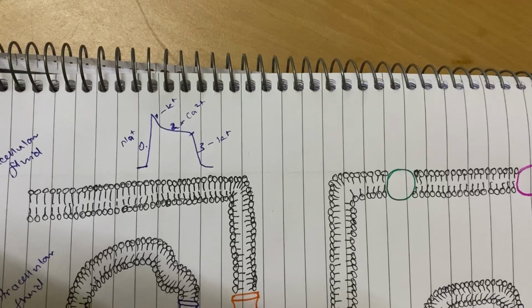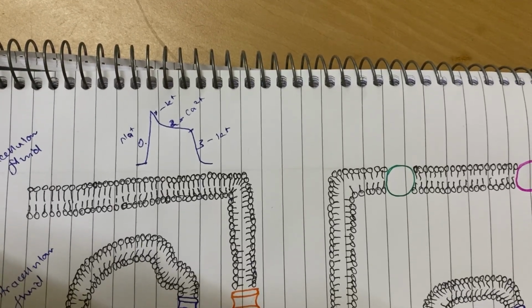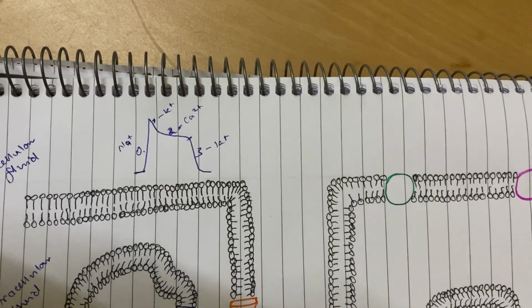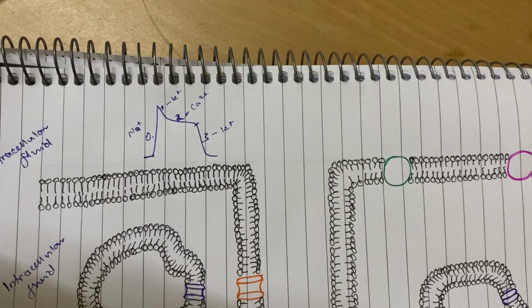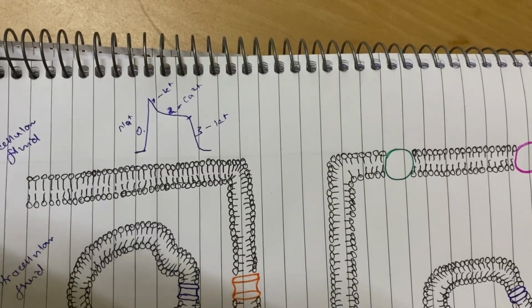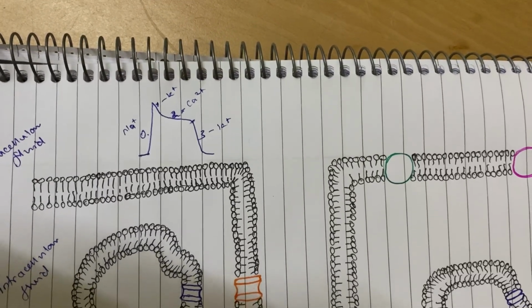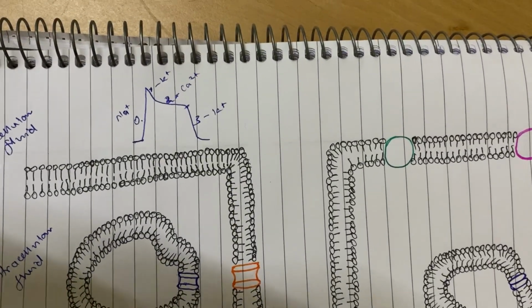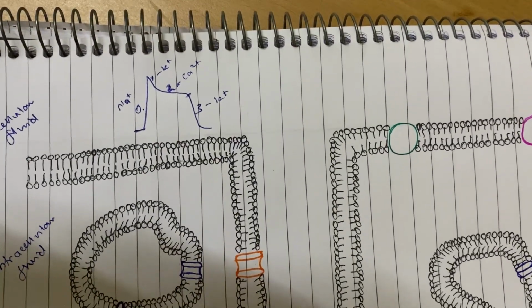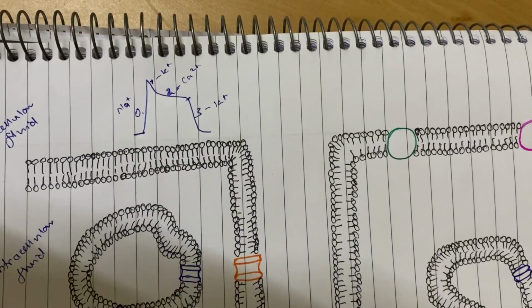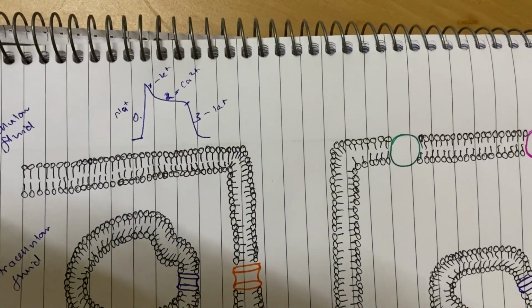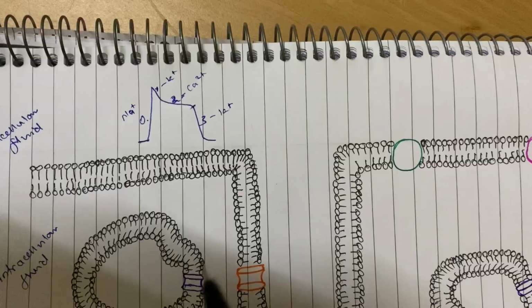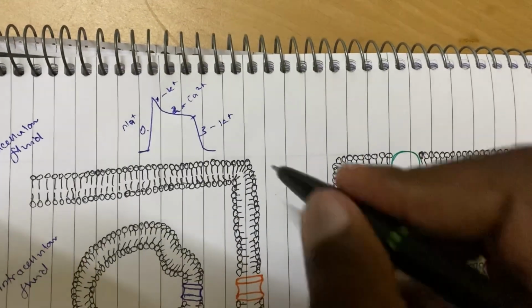Sodium is only in depolarization, not contraction, but calcium is in both depolarization and contraction. In skeletal muscle, calcium is only in contraction, but in heart muscle, it is in both depolarization and contraction. So this is what happens.